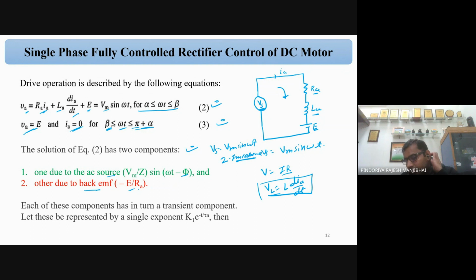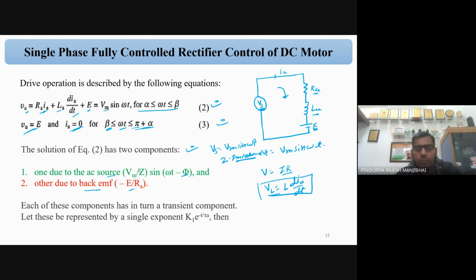So we have two components for equation number 2. The first one is due to the AC voltage source, Vm by Z sine omega t minus phi, and the second one is due to the back EMF, minus E upon Ra.